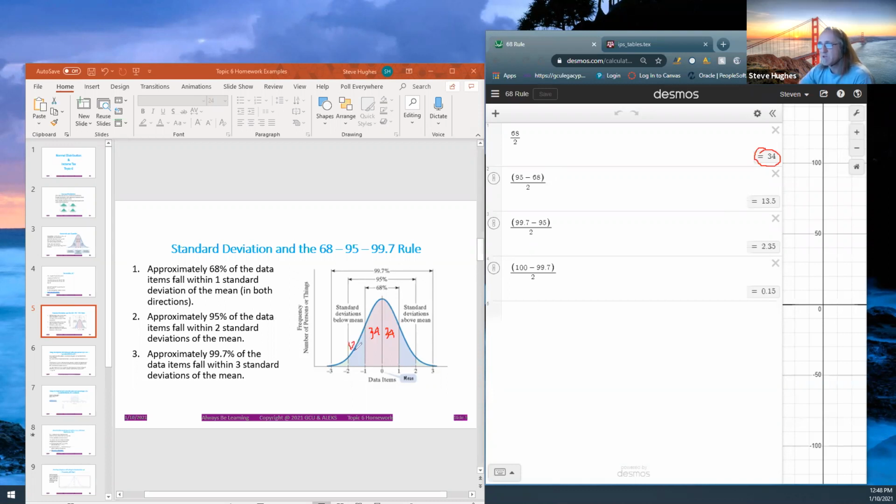So this is 13.5 here, and this is 13.5 here. All right. Next, it says 99.7% of the data lies within 3 standard deviations. So I took 99.7 minus 95, divided by 2, which gives me 2.35. All right.